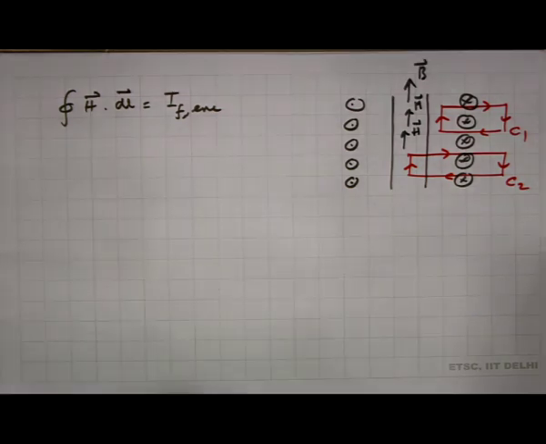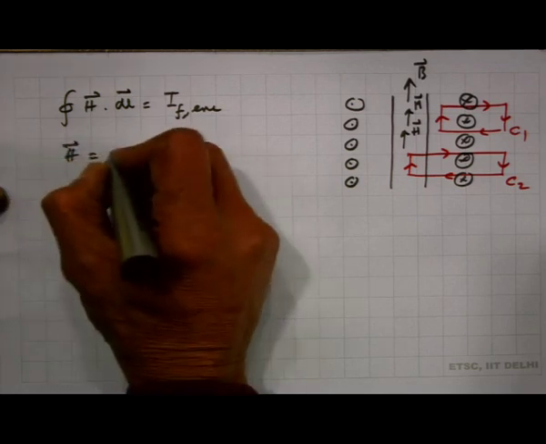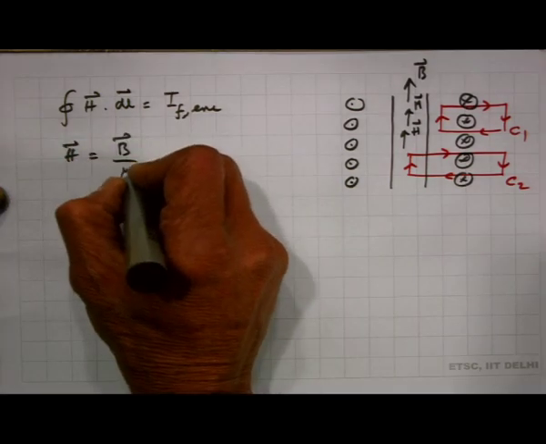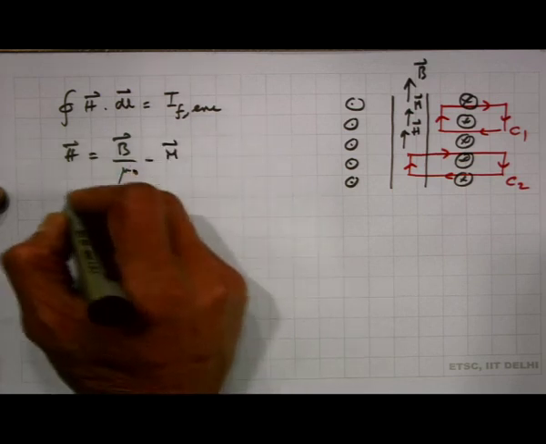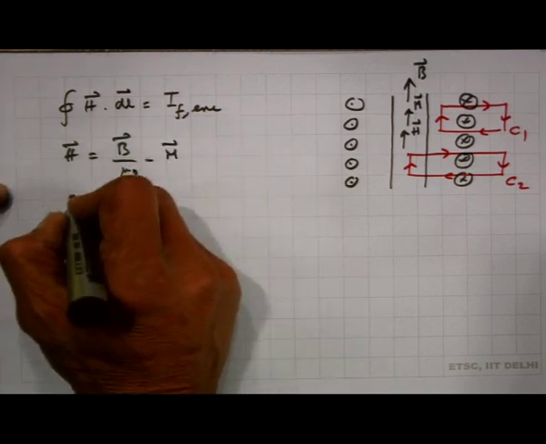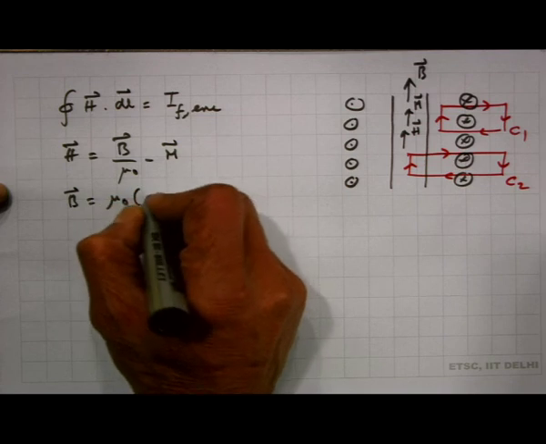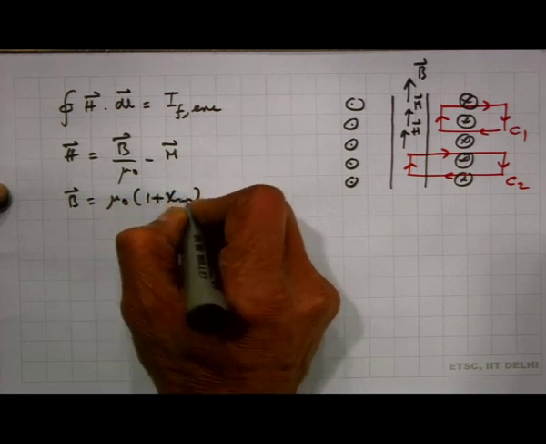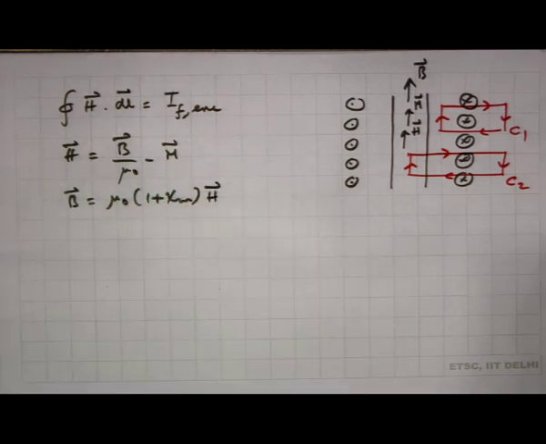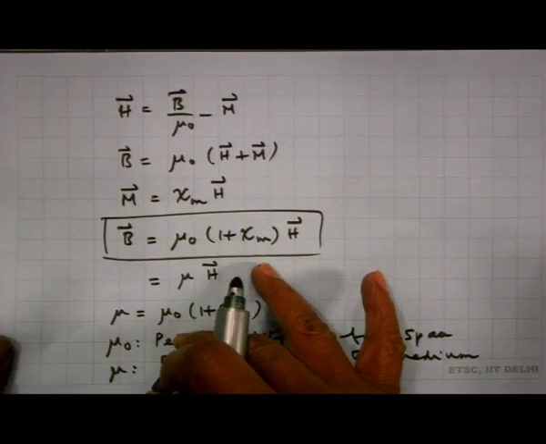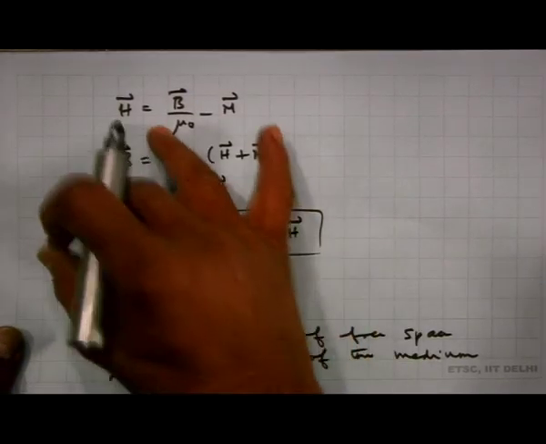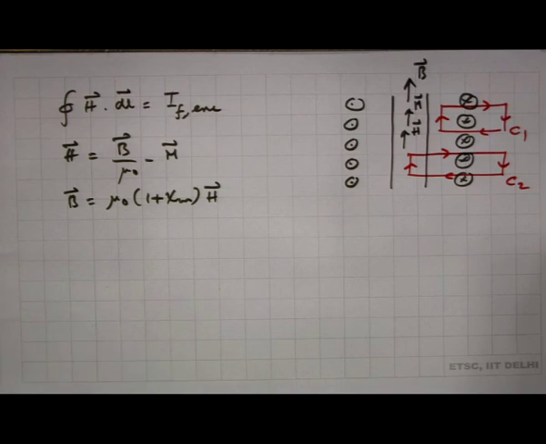So, H is equal to B by mu naught minus M, and B is equal to mu naught into 1 plus chi m into H. These two equations we had derived earlier. So, this is what I have written again.